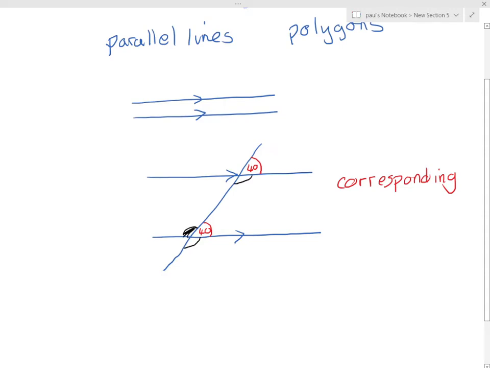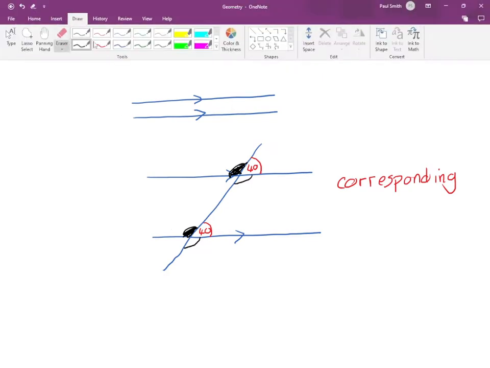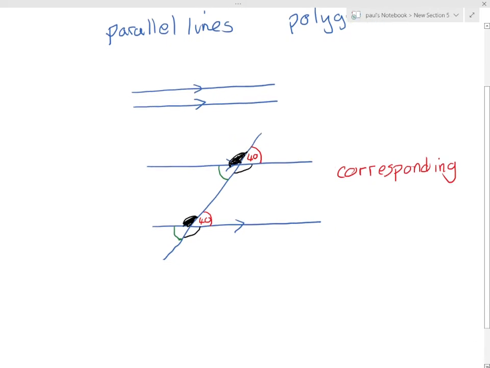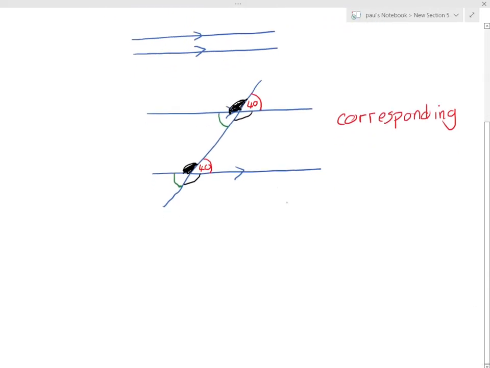This one, I'll colour that in so that we know that it's a different one, is corresponding to that one. So they will be exactly the same size as each other. And the last ones are this one here corresponding to this one here. It just means it's in the same place as the other one. So when we've got corresponding angles, we can work out what all the other ones are.